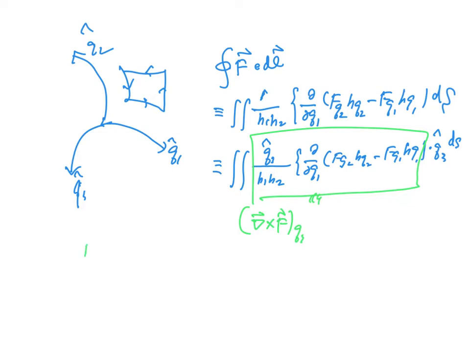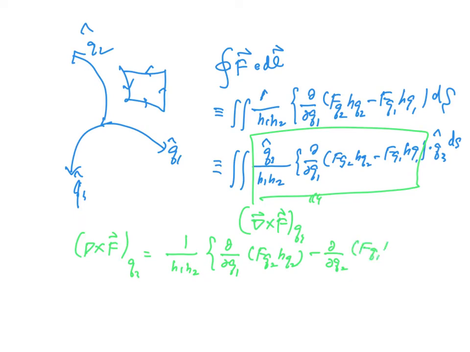So Q3 is 1 over H1, H2, partial Q1, partial FQ2, HQ2, minus partial Q2, FQ1, HQ1. So actually you can expand it to 3 directions. Let me see, I'll just copy. So you can see some interesting connection, right?